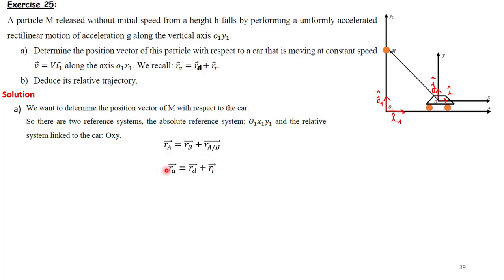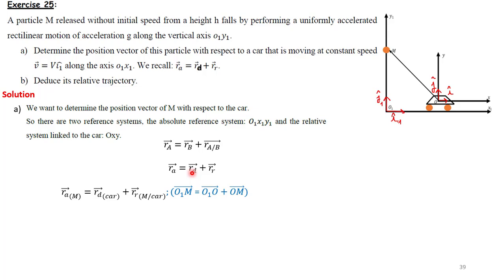If we apply this formula to our exercise, we are finding the position of point M. So our system is point M. So we are finding the absolute position vector for point M. So the absolute position vector for point M is equal to RD, which is related to the position vector of the moving frame.